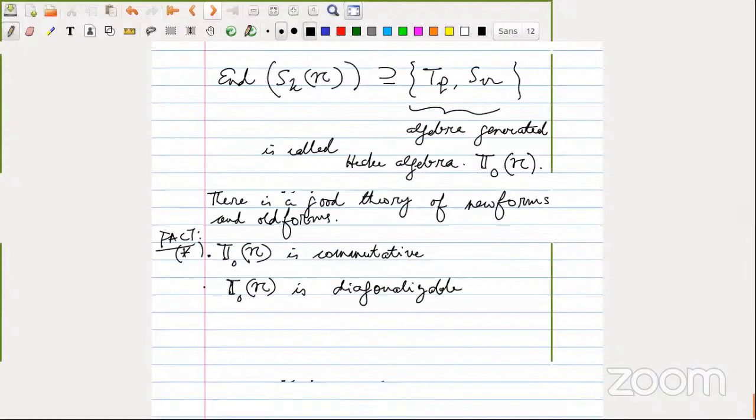So I have a finite dimensional space S_k, and on that S_k I have a commuting family of operators. I'm saying that all of them are diagonalizable and admit a common basis of eigenvectors.